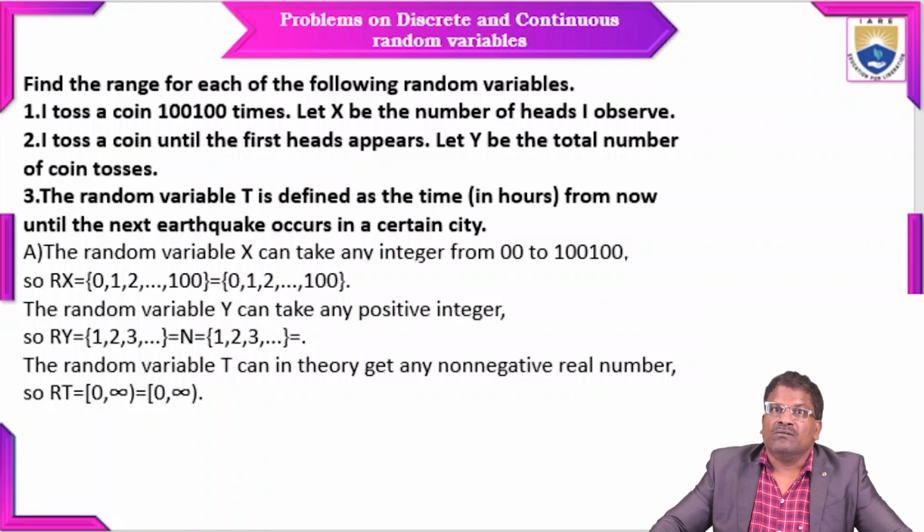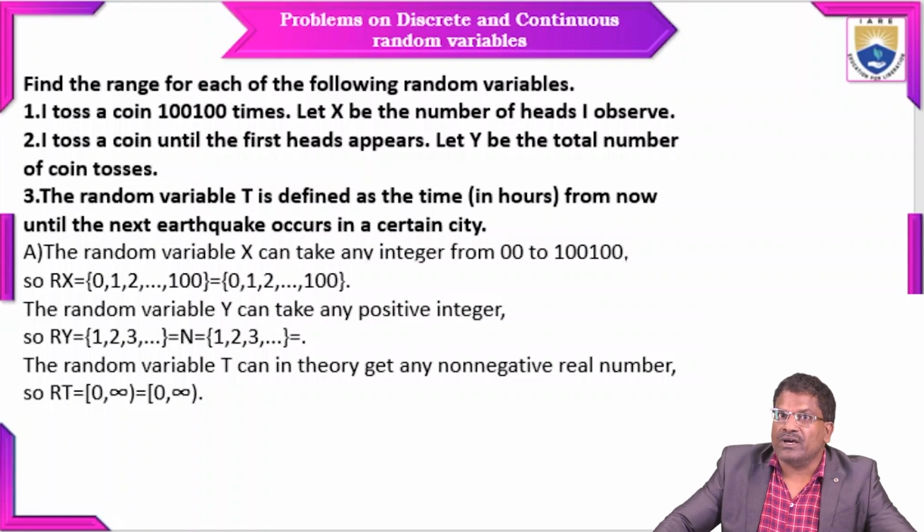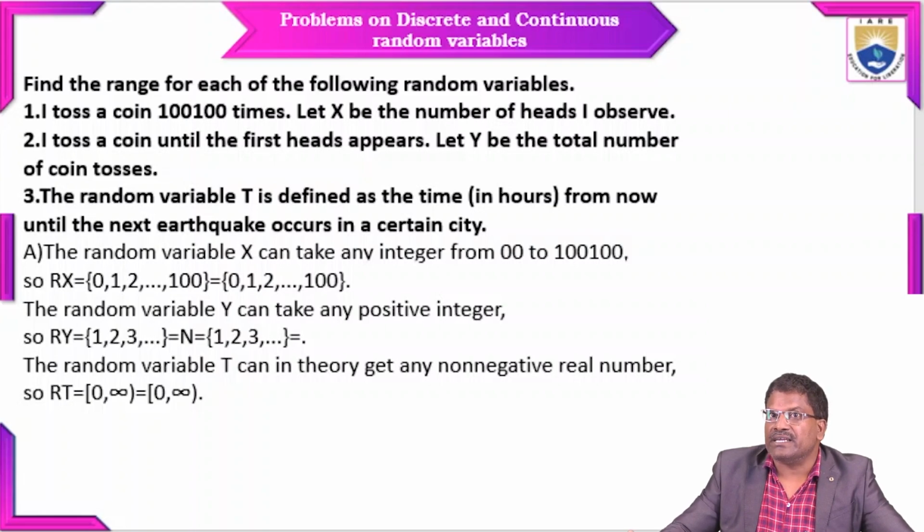The best examples for discrete random variables are flipping a coin and getting heads or tails. The best examples for continuous random variables are the heights or weights of students of a class.